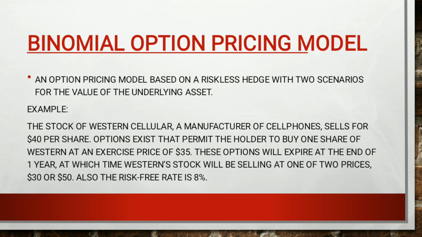These options will expire at the end of 1 year, at which time Western's stock will be selling at one of two prices, $30 or $50. Also, the risk-free rate is 8%. Based on these assumptions, we must find the value of the options. So we're going to use the binomial option pricing model.